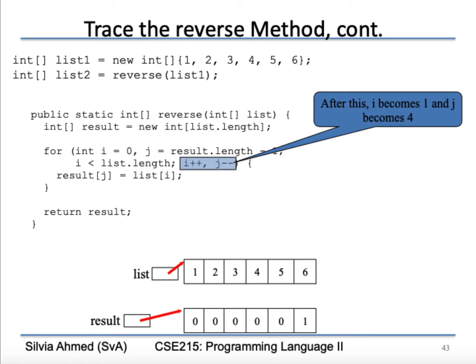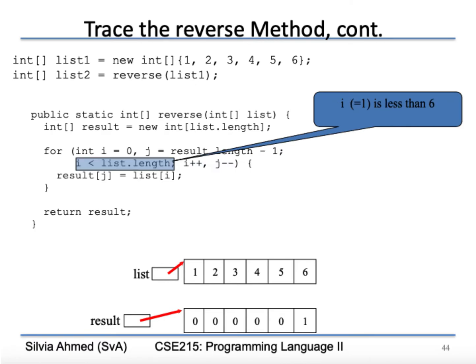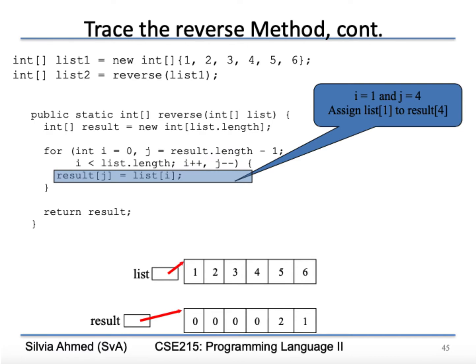Next, in the update part, i plus plus, so i becomes 1, and j minus minus, so j becomes 4. Again we compare that 1 is less than 6, so we enter the for loop and assign list at the 1st position into the jth or 4th position of result. So this 2 will be copied here.